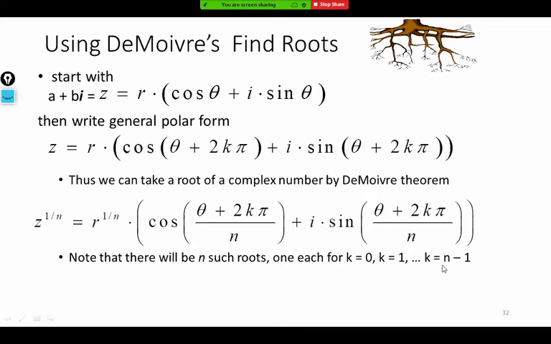For each value of k, we get one root of this complex number. When we replace k by the value equal to n or greater than n, we get a repeated root. So there is no need to replace it again, k equal to n, n plus 1, n plus 2, as we are getting the repeated root there. Okay, so let me show the examples, then it becomes more clear here.